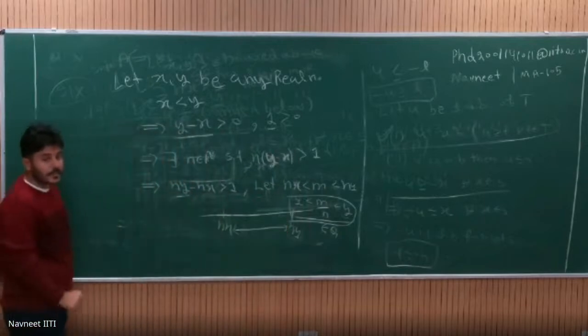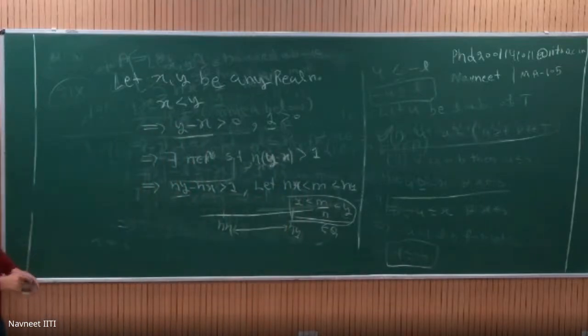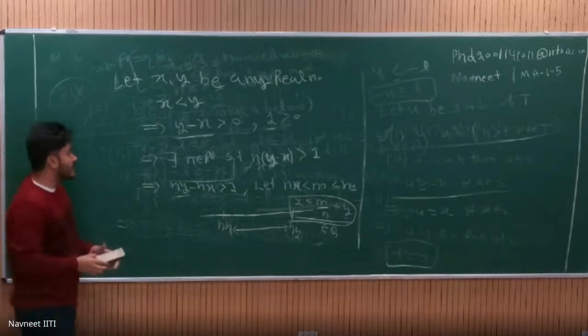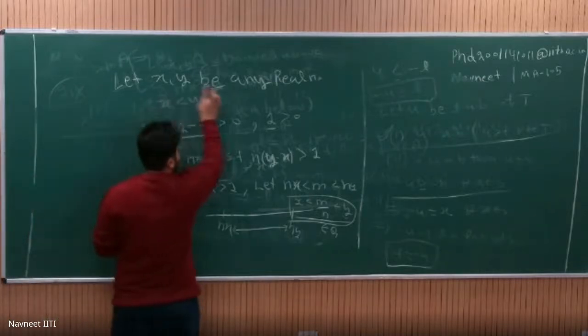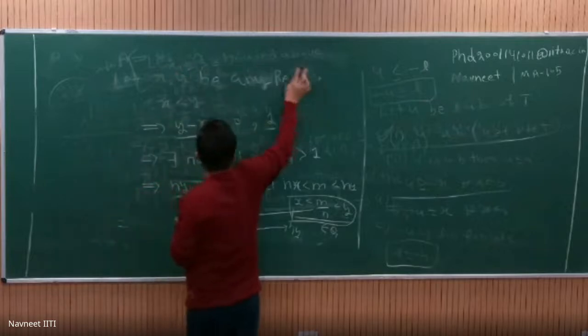m by n is nothing but a rational number. That means what you have done till now is find a rational number between two real numbers. Can you find infinitely many rational numbers between two real numbers? Yes, sir. How?